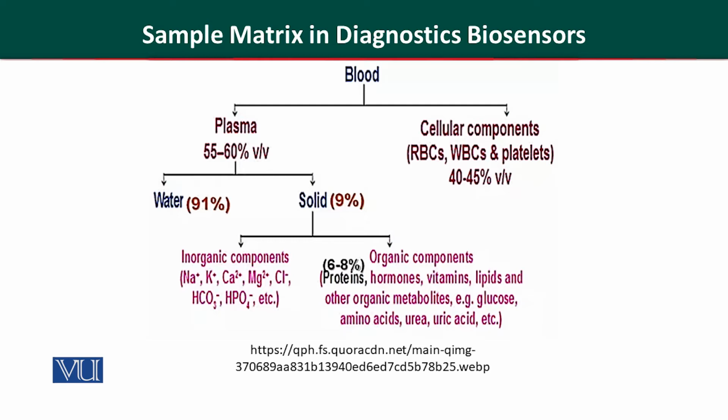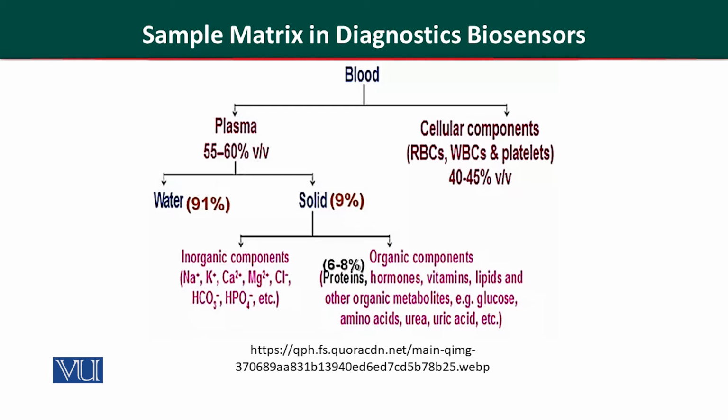In case of plasma, it forms 55 to 60% of the blood, and there are two main components of it. One is water, that is about 91%, and the other is solid, that is 9%. Solid could be divided again into two types. One is the organic component and the other is the inorganic component.